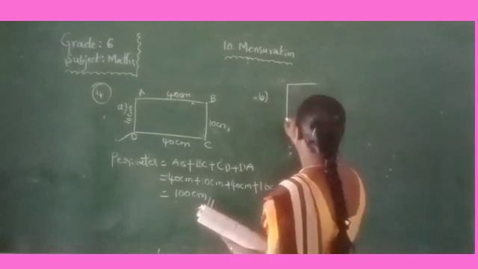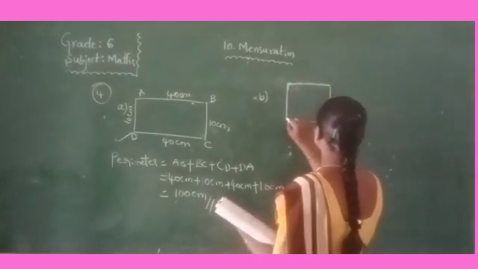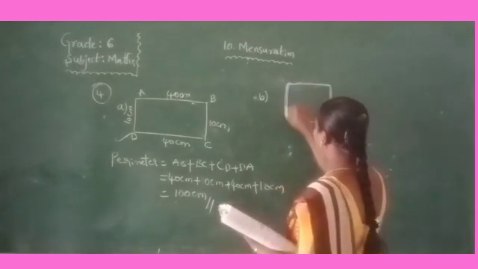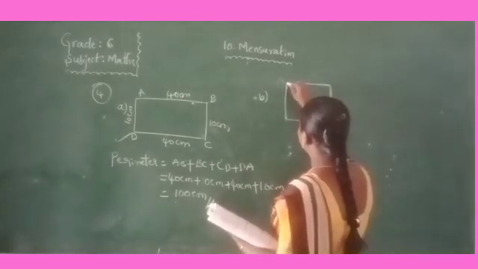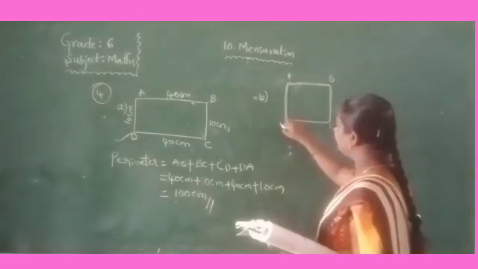So what is the shape of this figure? Square. Square means all sides are equal. This is square ABCD.